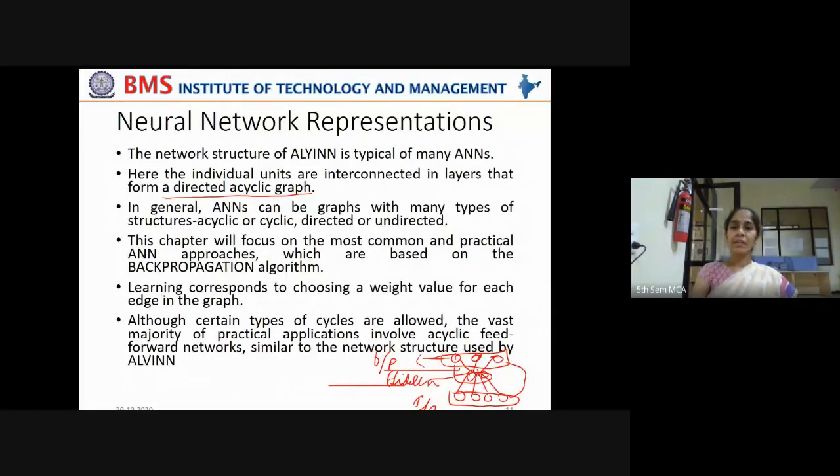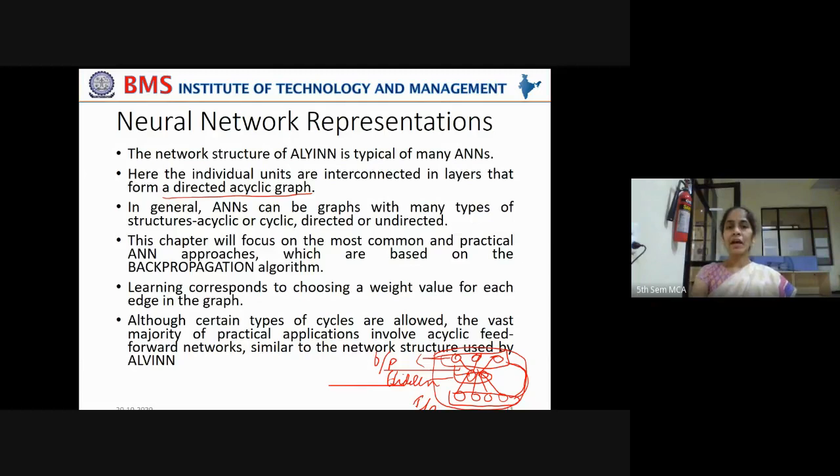Now, this entire architecture is connected in a directed manner, meaning input towards output. There is a specific direction, but there is no cycle in the graph. That is why they are called acyclic graphs. Here the individual units are interconnected in layers that form a directed acyclic graph.